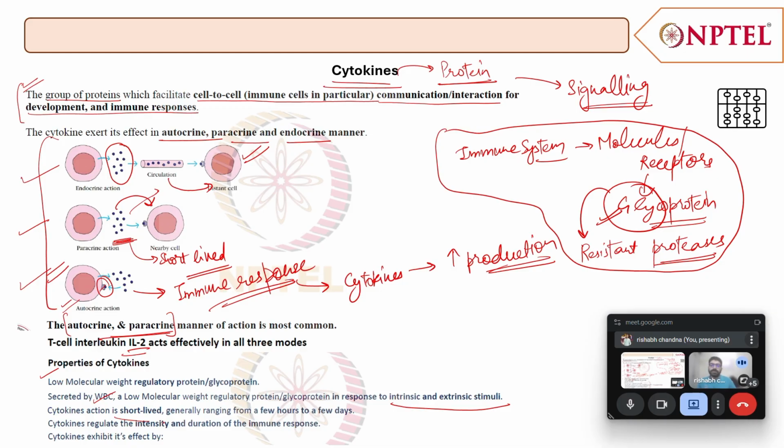Whenever there is an intense cytokine storm, that means there is a huge stimulus for their production. So they regulate the intensity as well as the duration of the immune response, and they show their effect by many means. We will see that in the next slides.